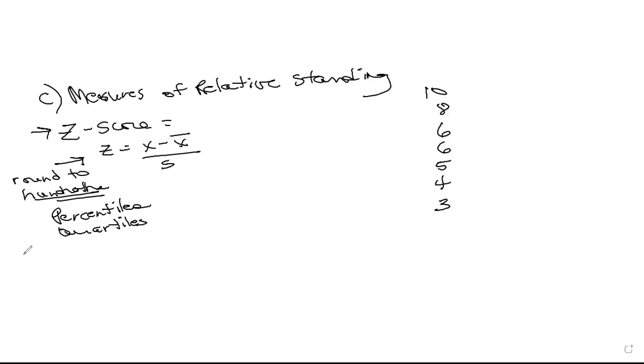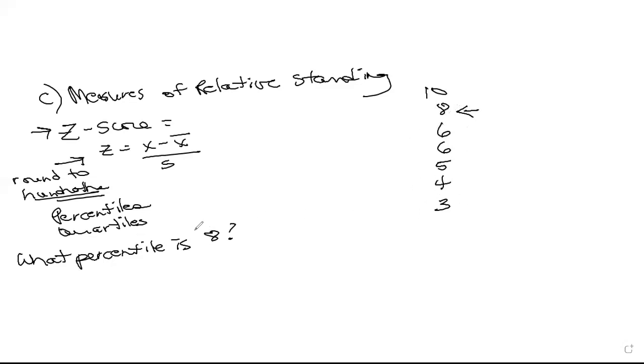What I might do is say, what percentile is 8? Now, this is the reason I told y'all to go from big down to small, because percentile is what's smaller than you.